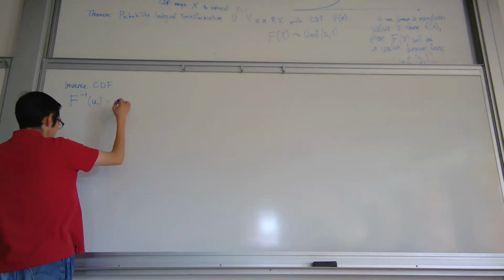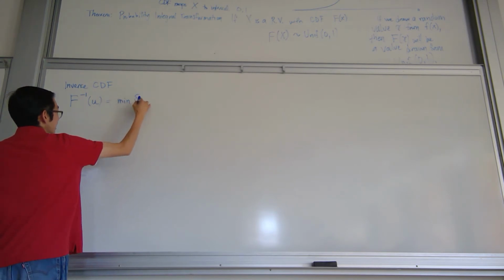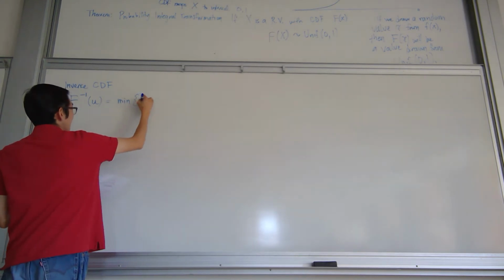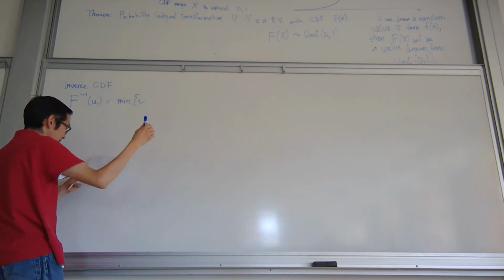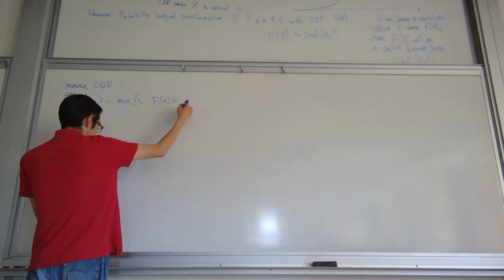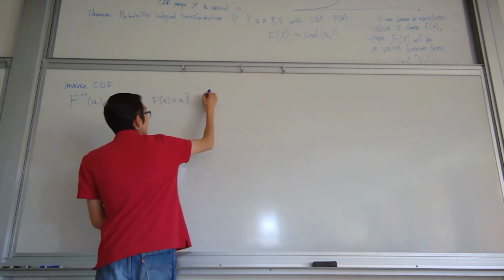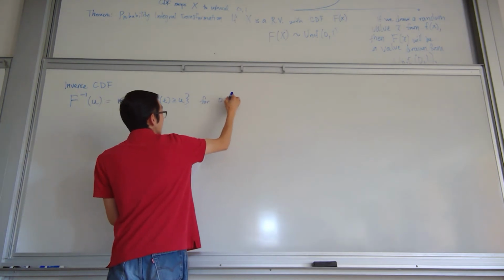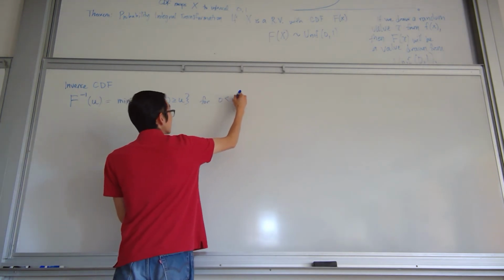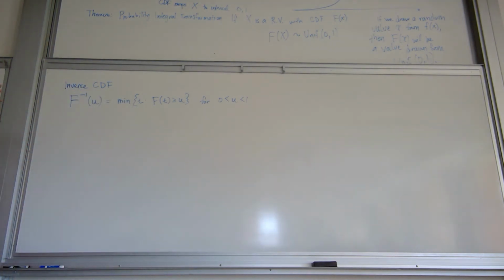This is equal to the minimum value of t such that F of t is greater than or equal to u, for 0 less than u less than 1. Okay, now that looks funny. The inverse.